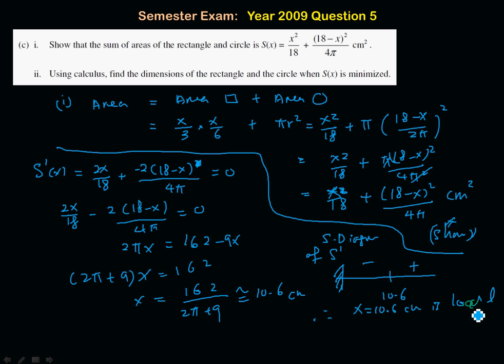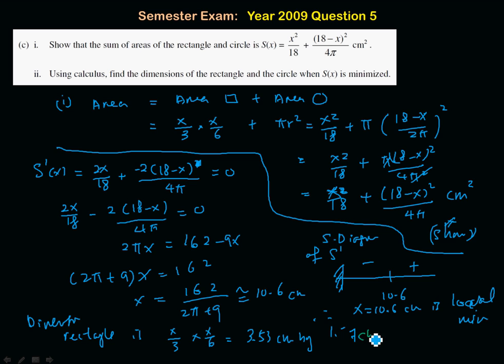So the dimensions of the rectangle, which is x over 3 by x over 6, are roughly 3.53 cm by 1.77 cm.